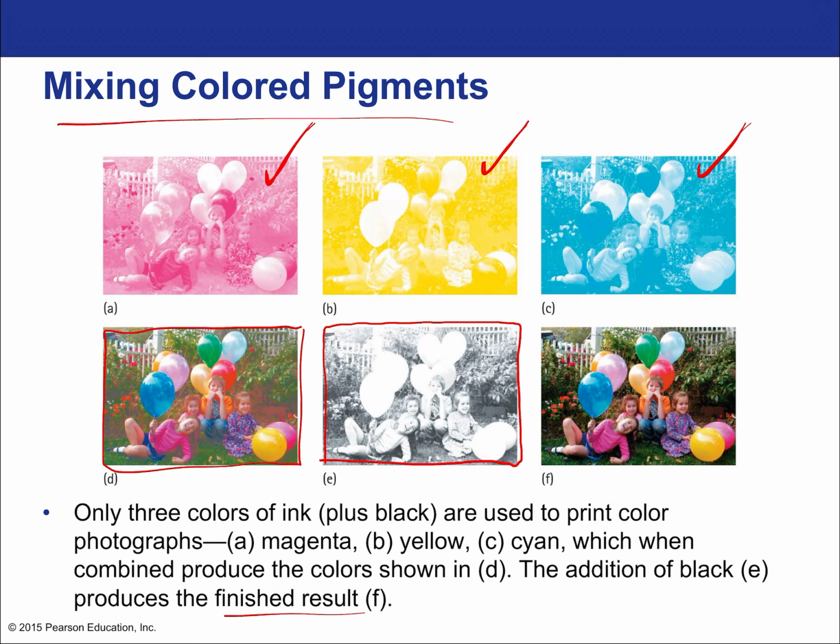You've probably seen a printer at home ask you, do you want to combine all your colors together to create black, since your black has run out? You can choose that, and it will work just fine, but then you're using your color cartridges or toner cartridges to create the black.